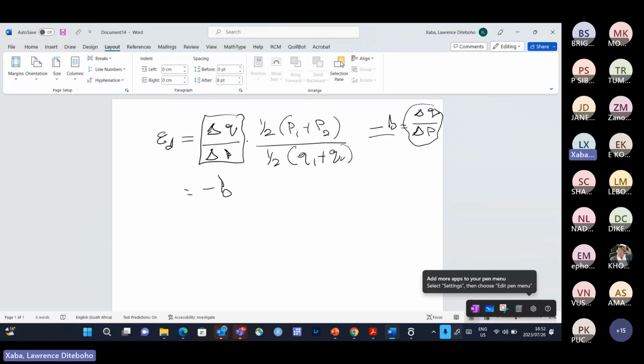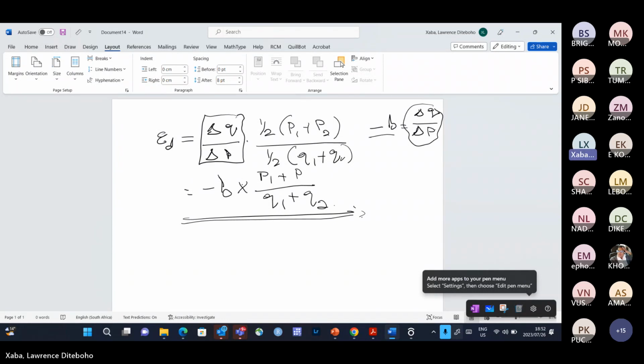So this will cancel each other. Then we end up having P1 plus P2 over Q1 plus Q2. So if we calculate the arc price elasticity of demand, this is the formula that you're going to use.